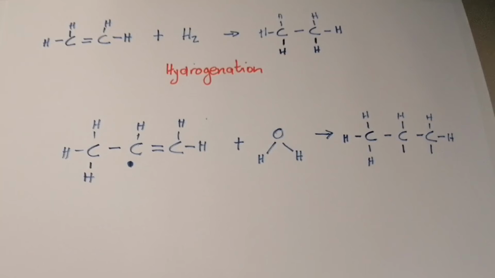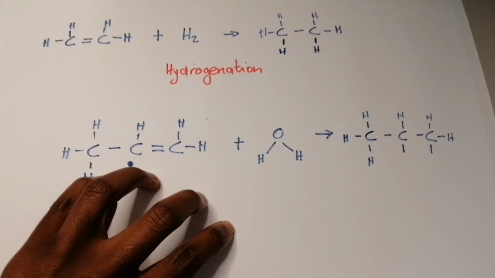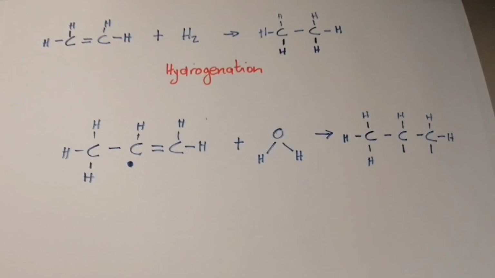Now we talk about what we call the major product. We've got a major product and a minor product. What a major product simply is, in this type of reaction, most of the molecules that react with water would form a certain type of compound. That's what we call the major product.